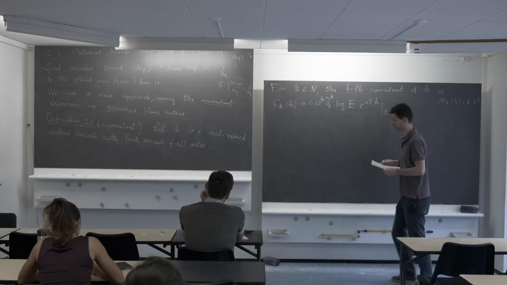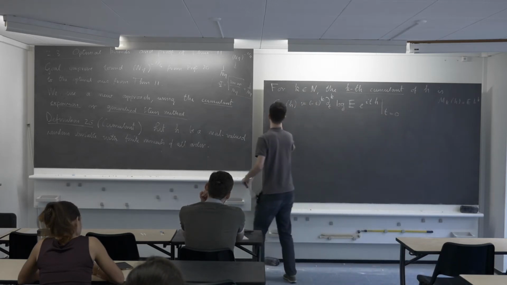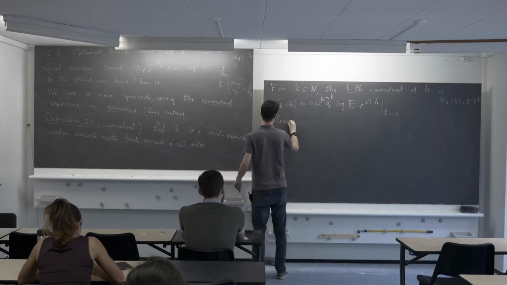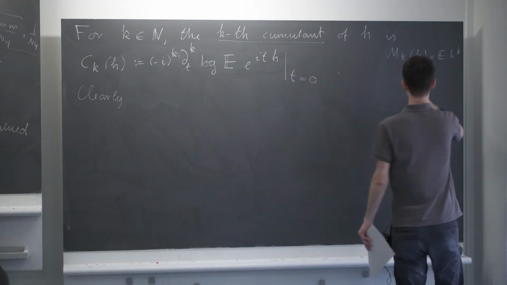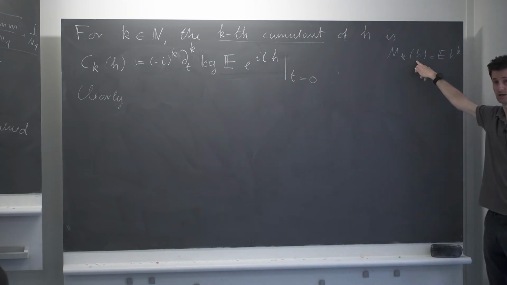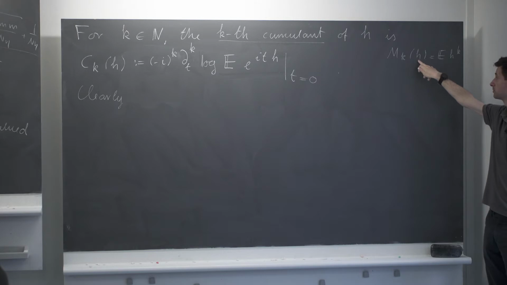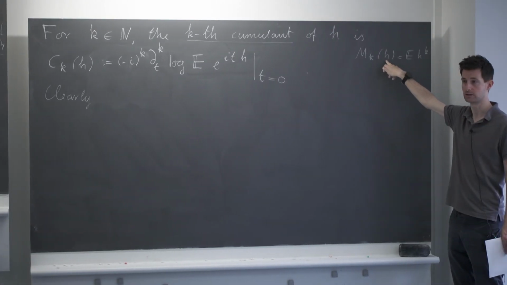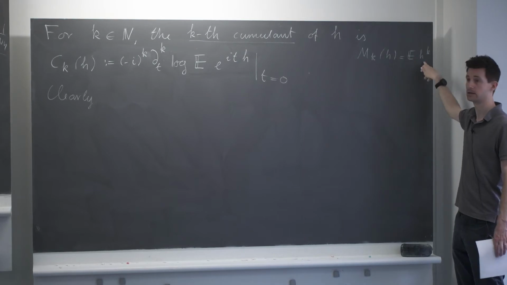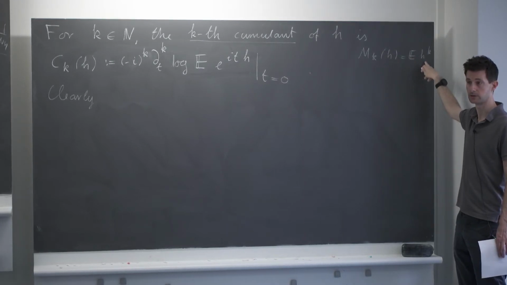So a few preliminary observations. The moment of order k is homogeneous in h of degree k, right? Which means if you multiply h with a parameter lambda, a positive deterministic number lambda, then you will multiply the kth moment with lambda to the k.